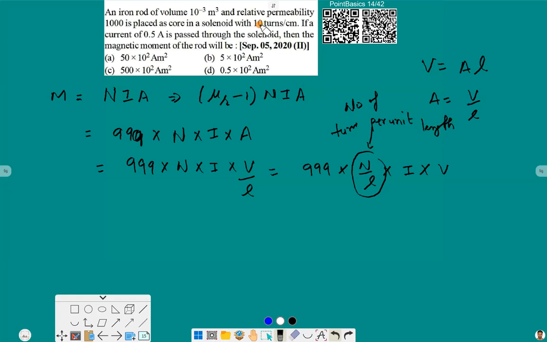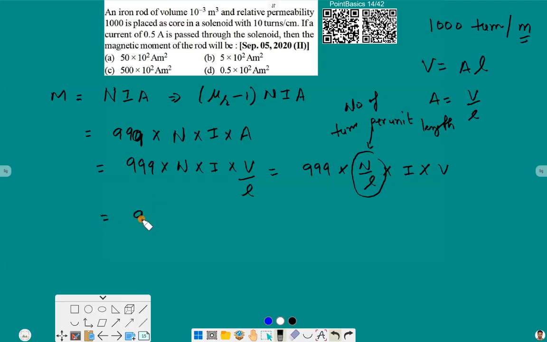And we know that there is 10 turns per centimeter, which is equal to 1000 turns per meter. This is small n, the number of turns per unit meter.